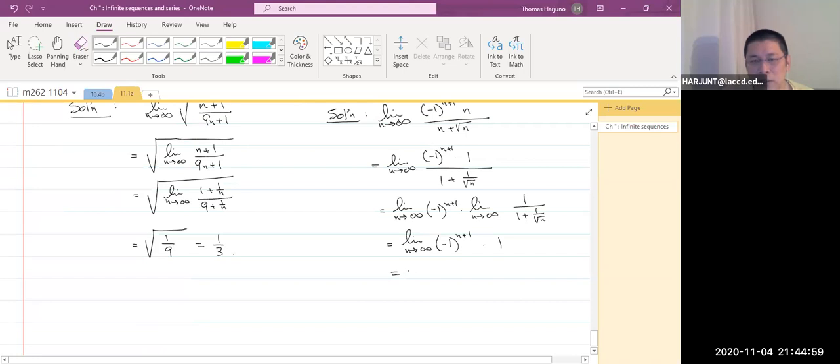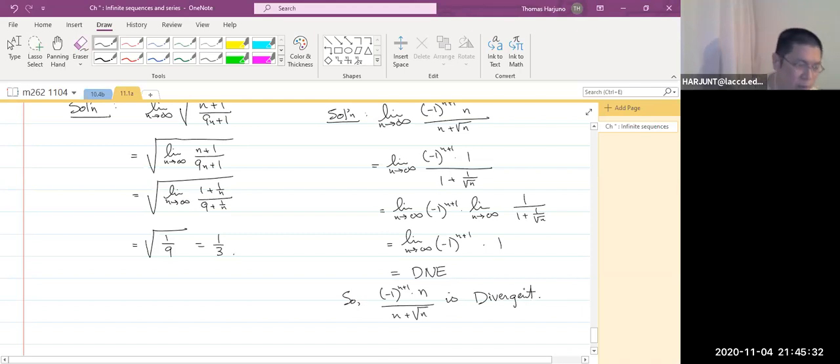But this is not convergent. This does not exist. So the sequence -1 to the n plus 1 times n over n plus square root of n is divergent. The sequence is divergent if the limit does not exist, or is infinity, or negative infinity.